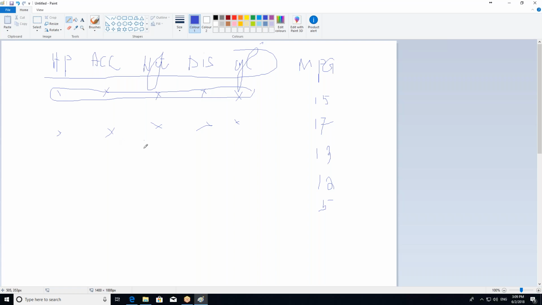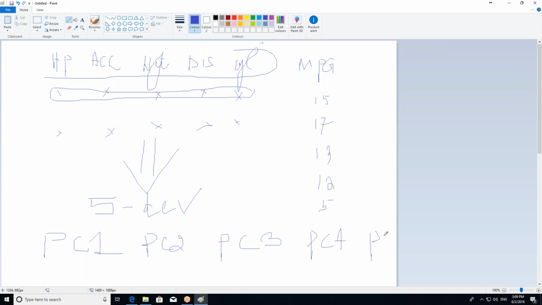So what I have done is create five derived variables from the five variables. They are called principal components: PC1, PC2, PC3, PC4, and PC5. Each PC is a composition of all these five variables.